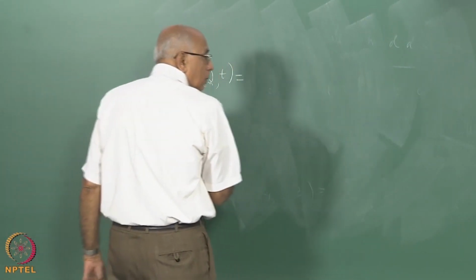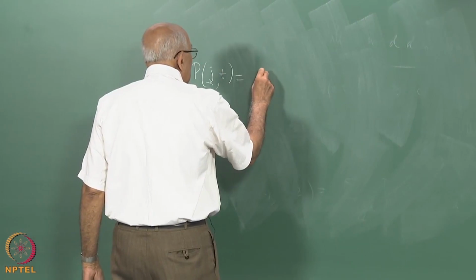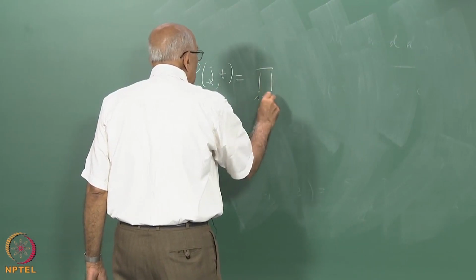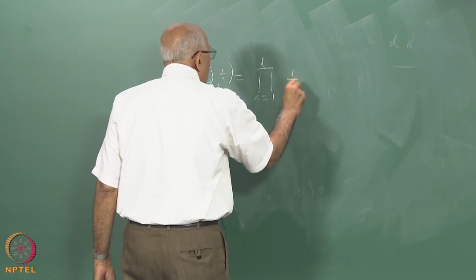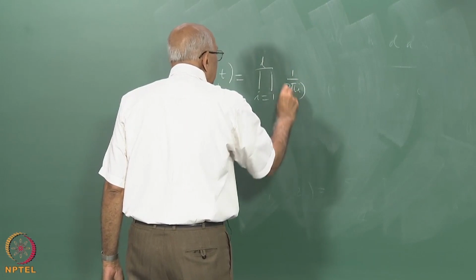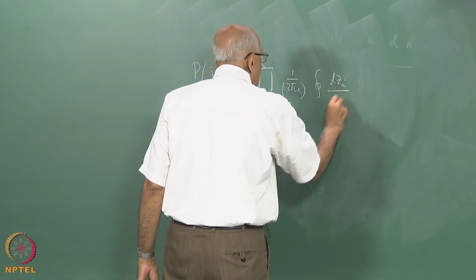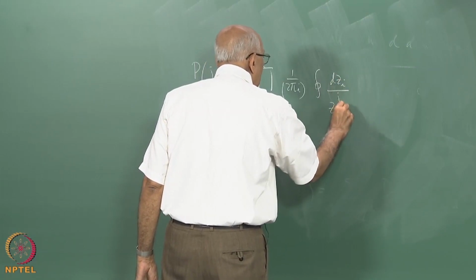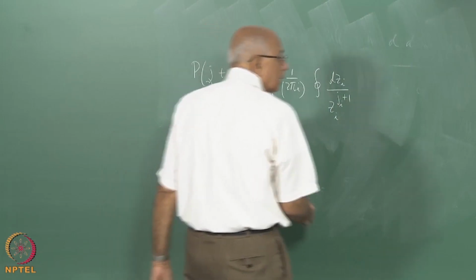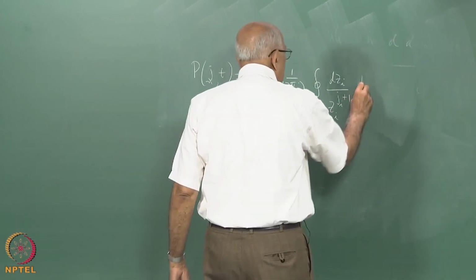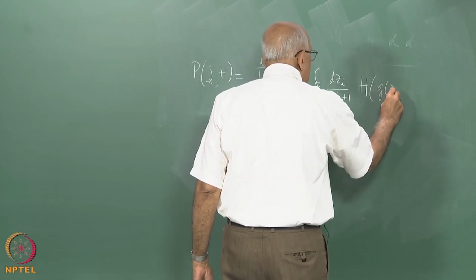This can be written now as a product from i equal to 1 to d, 1 over 2 pi i, an integral around the origin dzi over zi to the ji plus 1 times this guy here, h of g of z.